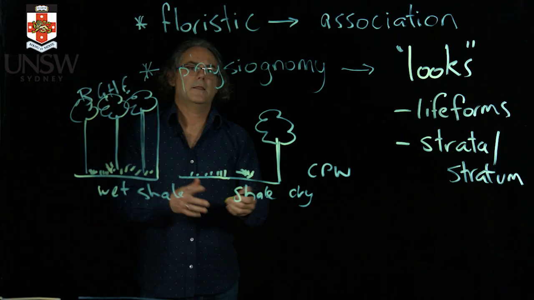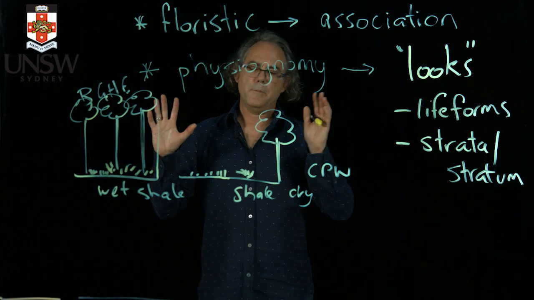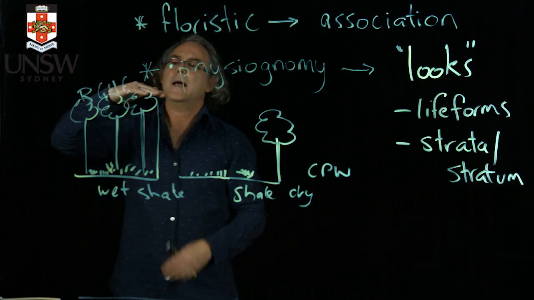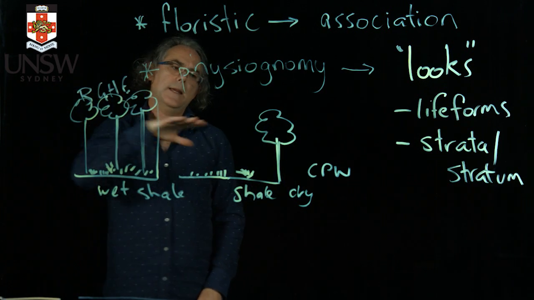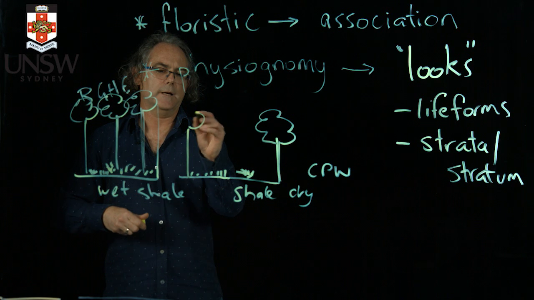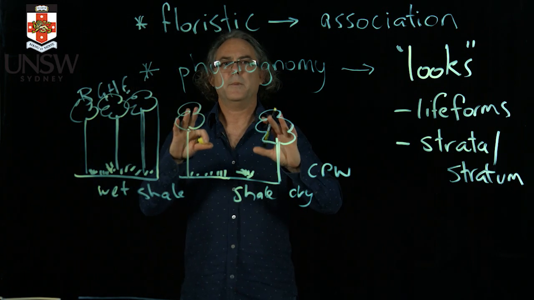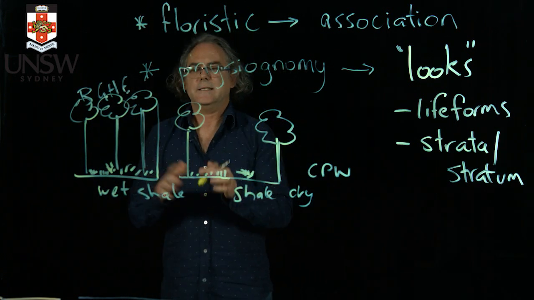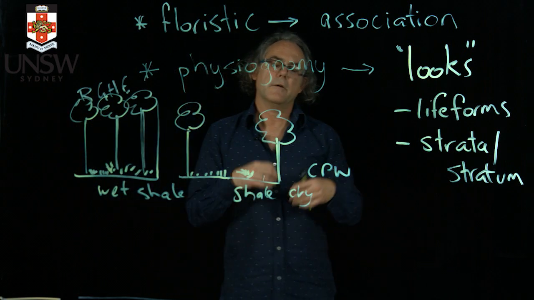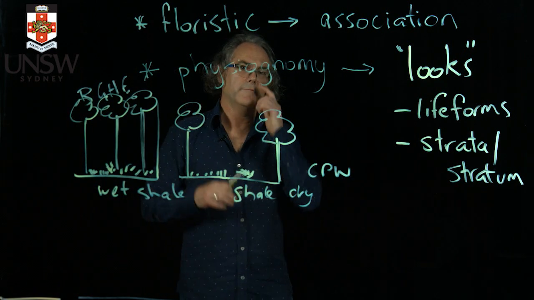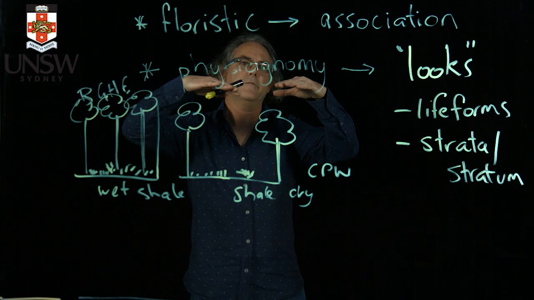You know, so these vegetation communities have completely different structures. One has a very continuous canopy. This one only has occasional trees. So the canopy cover is much lower. This idea of height and canopy cover are really fundamental ways of describing vegetation on the basis of its physiognomy.